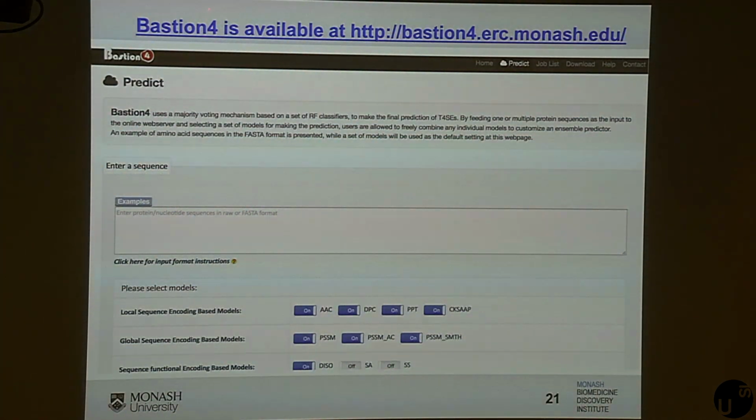Users are able to input the sequence data and then select any of the 10 encodings. Users are also allowed to press the Alt button to select the most comprehensive ones to make the final analysis.